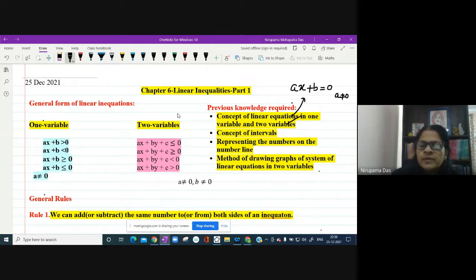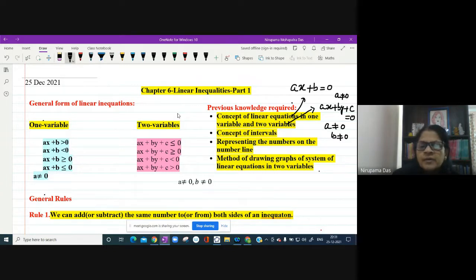Similarly, whenever we talk about linear equation in two variables, the general form is ax plus by plus c equal to 0. Here the restriction should be a not equal to 0, b not equal to 0. Because if a is 0 and b is not 0, you get by plus c equal to 0, that would be a linear equation in one variable.